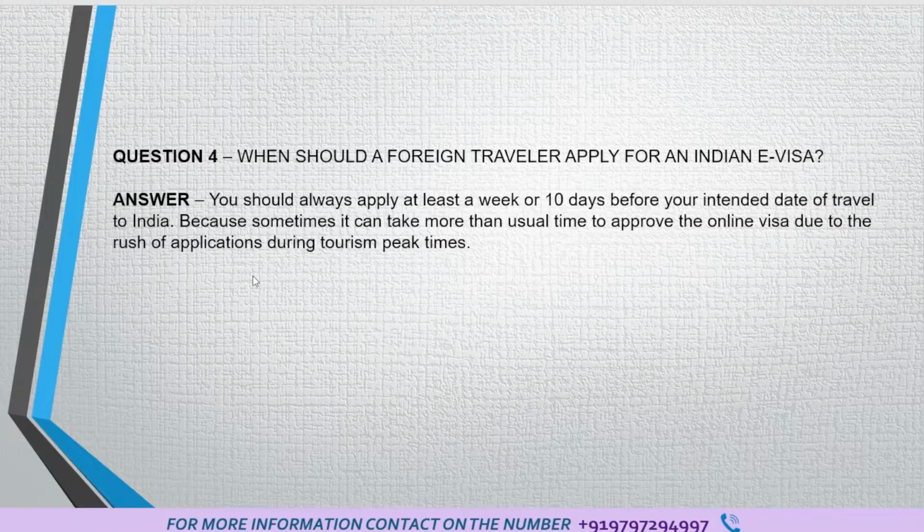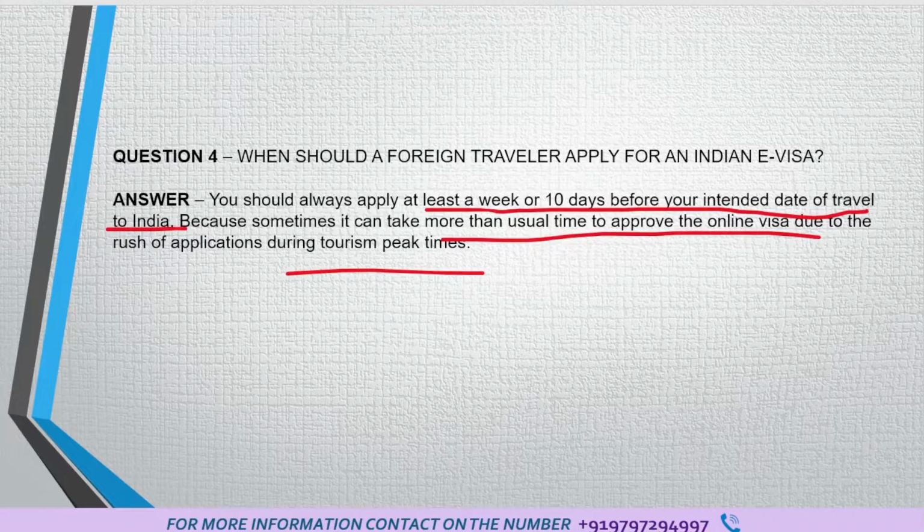The usual time is about a week to approve the visa, and you'll receive the visa in a week, or let's say 4 days. So it is better to be on the safe side, just apply a week or 10 days before your intended date of travel to India.